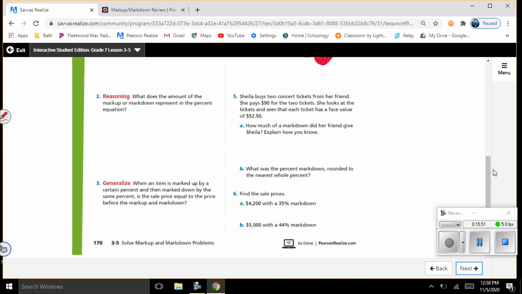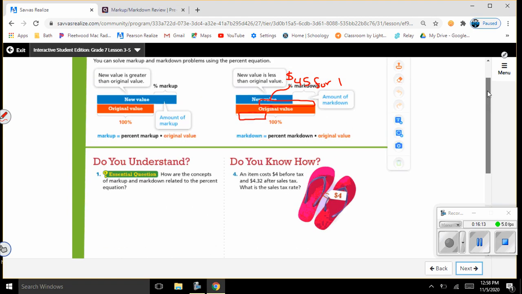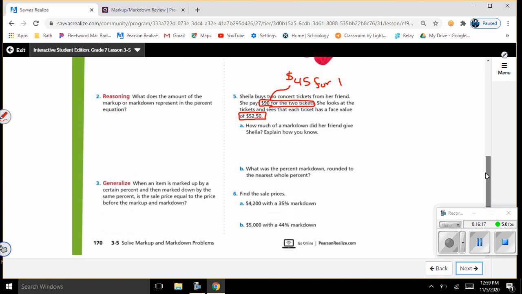So, she looks at the tickets and sees each ticket has a face value of $52.50. She's going to pay $90 for 2 of them, so that means you need to be thinking, hey, that's $45 for one. Okay, $45 for 1 ticket. So again, if you recall, and we can scroll up to the top just to see this, the markdown equals percent markdown times the original value.